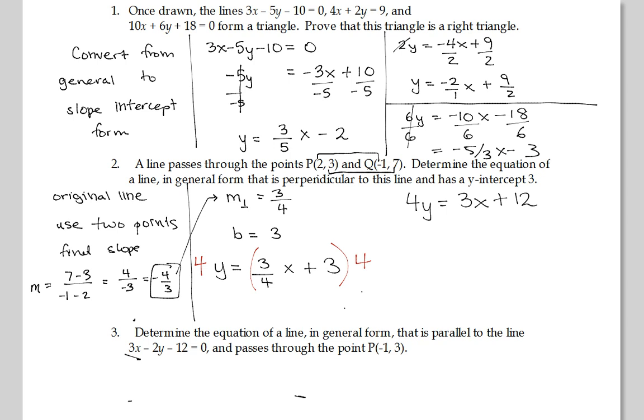Yeah, so 3/4 times 4 is 3. Those 4s will cancel. And that was the whole reason why we chose 4. And then 4 times 3 is 12. So that's getting rid of the denominator part of the general form. What's the other condition for general form? The a has to be positive. A is the number on the x.